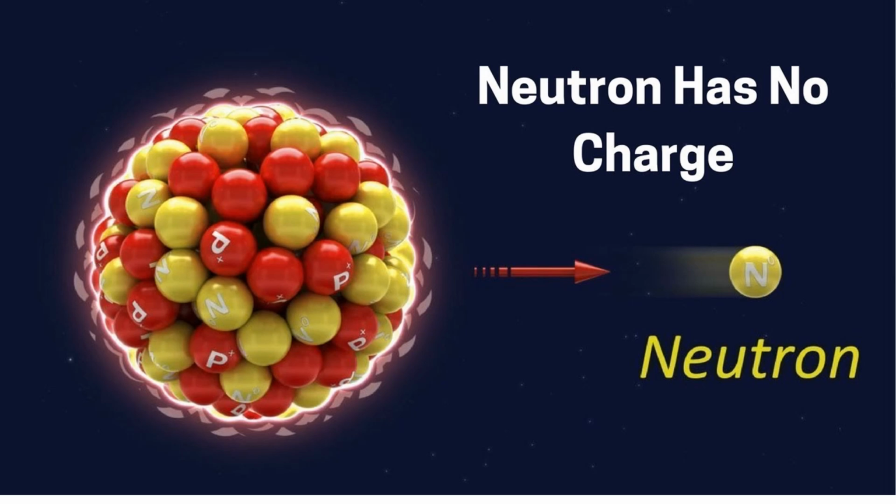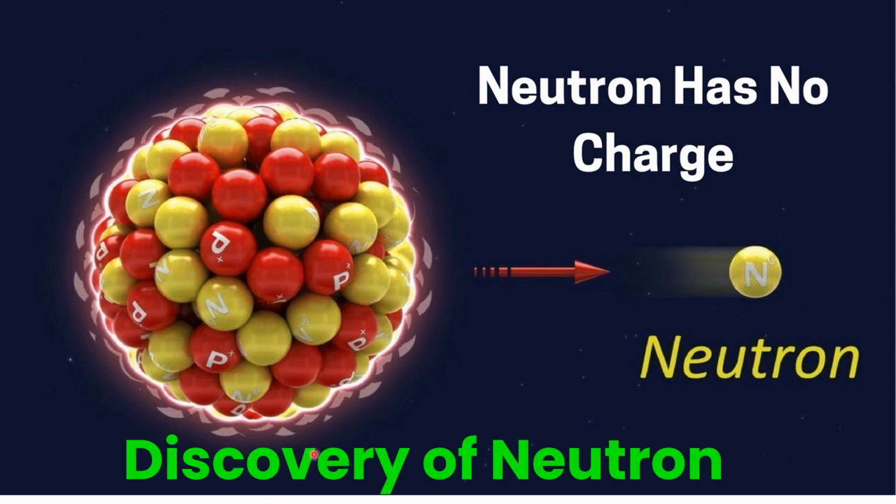In this lecture, we are going to discuss the discovery of the neutron. It was James Chadwick who in 1932 discovered the last particle of an atom, and it was known as the neutron.